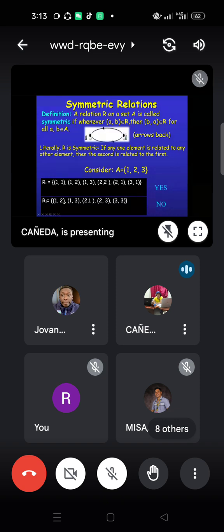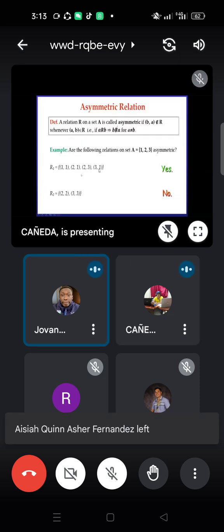If we have 1 2, of course we have 2 1, but for 1 3 we cannot see 3 1. So it does not have arrows back from A, B to B, A. For 1 2 we need 2 1. For 1 3 we need 3 1, but 3 1 is not there. So therefore it is not symmetric. 3 3 is no problem, because if you commute that one, it is just 3 3. Okay, sige.